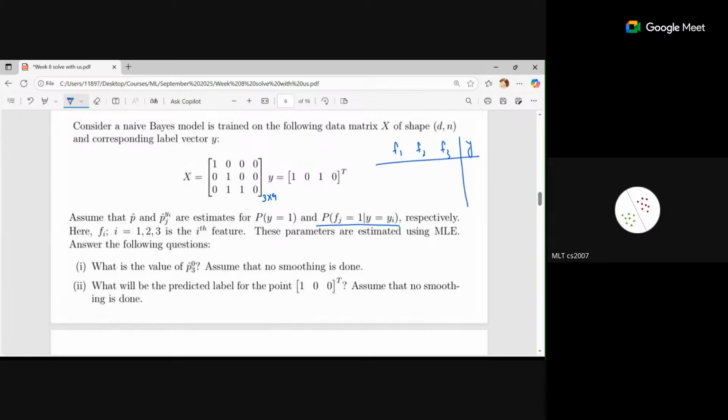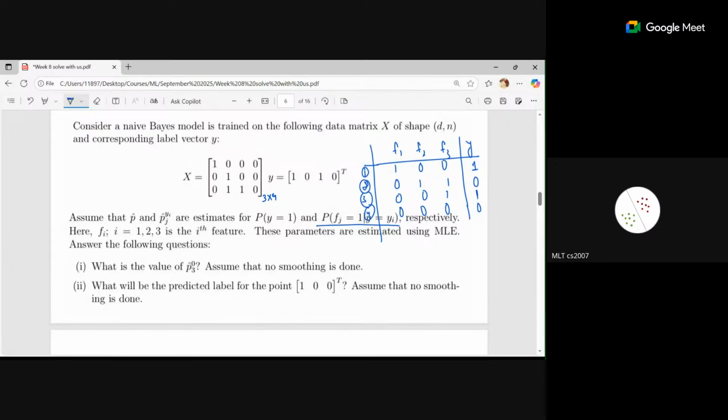How many examples do we have? 4. So 1, 2, 3, 4. Feature 1 takes the value 1, 0, 0. The label is 1, 0, 1, 1. The label is 0, 0, 0, 1. The label is 1, and 0, 0, 0. The label is 0.